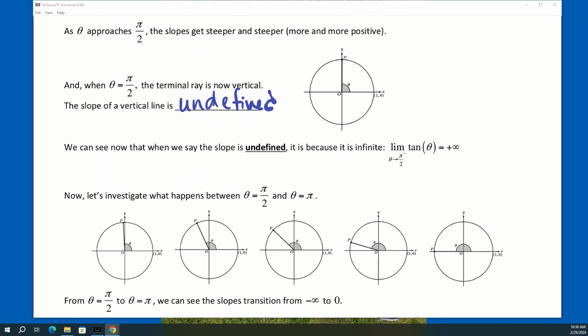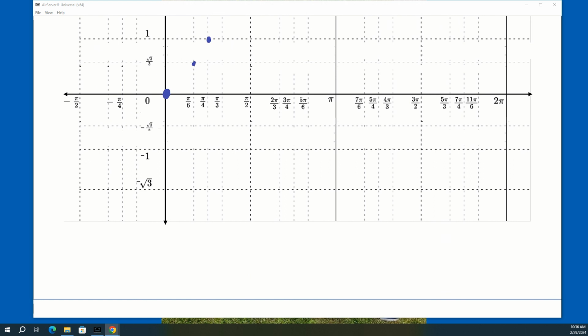So then we're going to keep going around the circle. Then I have the slope of something like that. Is that going to be a positive slope or a negative slope? Negative. Super steep negative. So we're going to have negative, negative, negative, and then it's going to come around, and it's going to be -1.